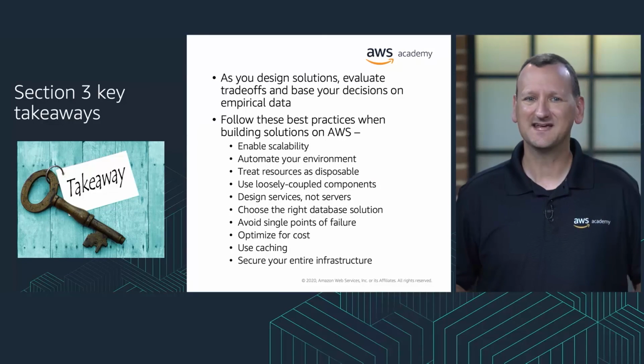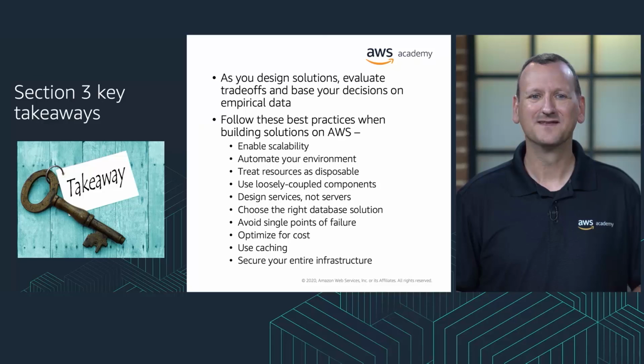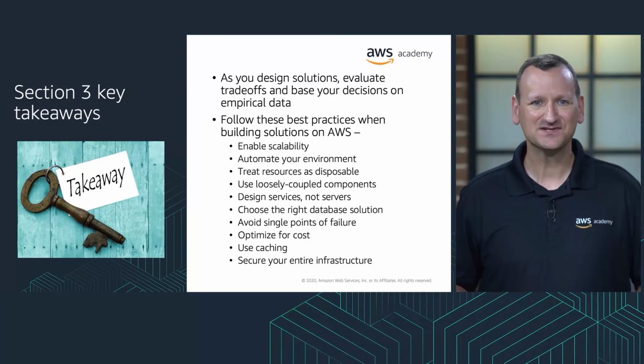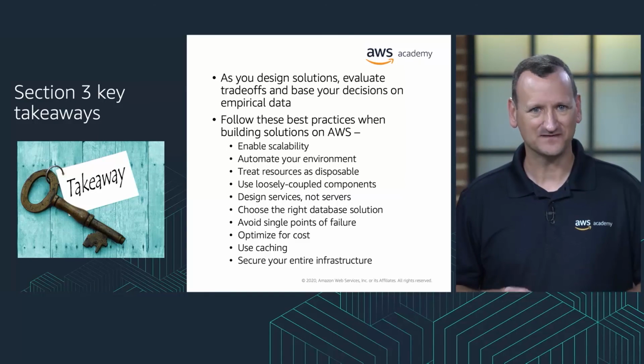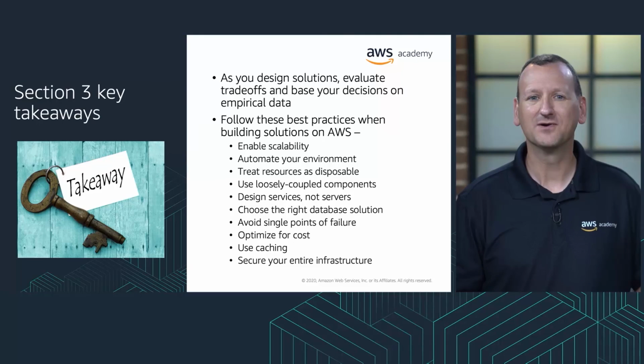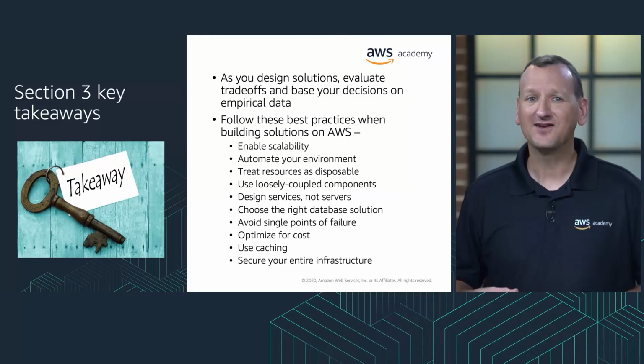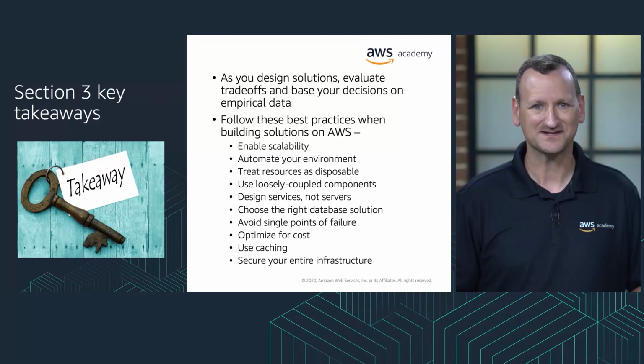Here are some key takeaways from this section of the module. As you design solutions, evaluate the trade-offs and base your decisions on empirical data. Another key takeaway is to follow these best practices when you design and build your architectures on AWS.